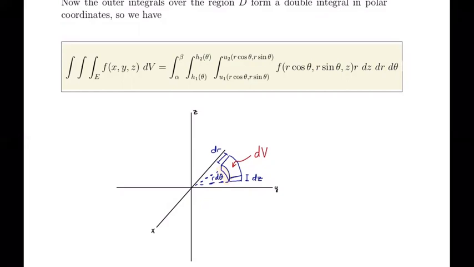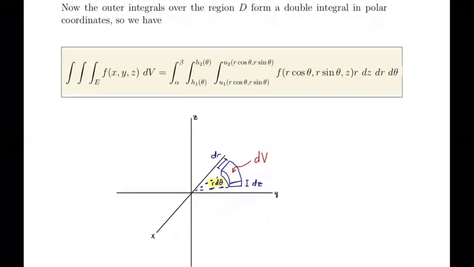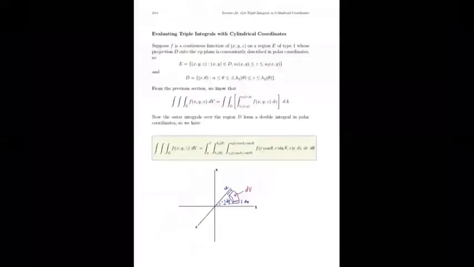And then that times dz, the thickness or the height of this little wedge, all times each other gives us dV. So it's a nice reminder for how this formula works, particularly to include the r that shows up in this formula right here. So that extra multiple of r comes about because of r d theta and that volume wedge or subrectangle. So let's use the formula.